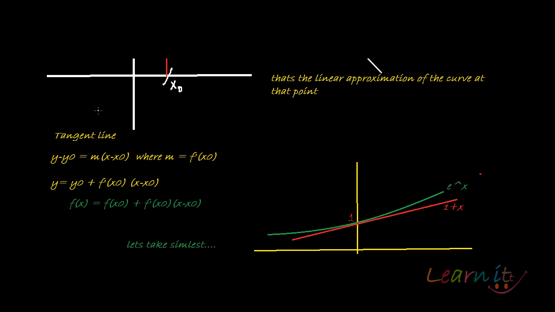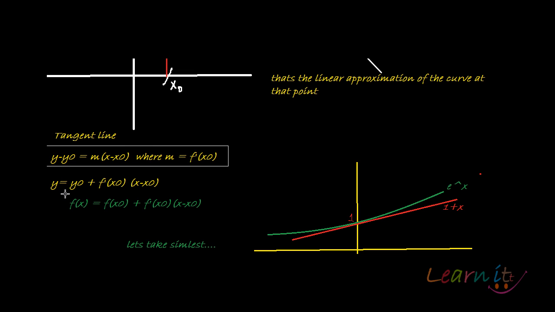Now, we know the equation of a tangent line comes from the derivative itself. Any line is essentially y minus y naught equals m into x minus x naught, where m is your slope, or f dash x naught, if x naught is that point.